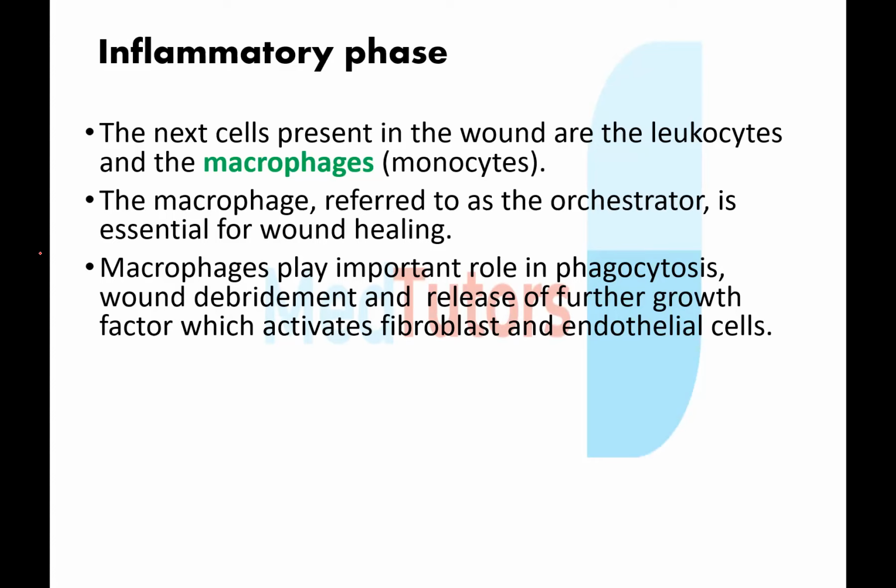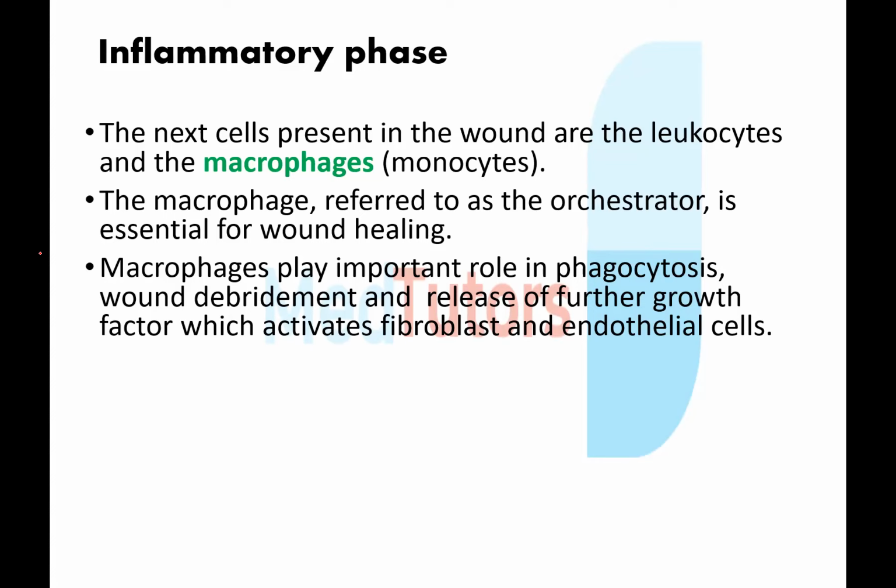Phagocytosis, wound debridement, and release of further growth factors which activate fibroblasts and endothelial cells. These macrophages come into the site of the wound, of course, along with other inflammatory cells like the neutrophils and so on. But the main orchestrator of this wound healing is the macrophages.